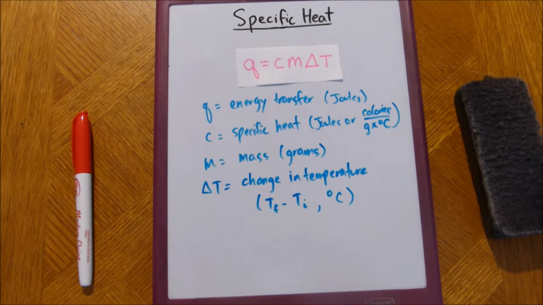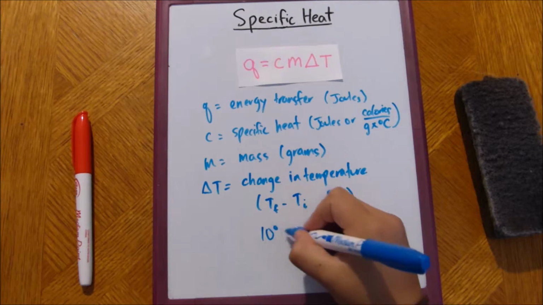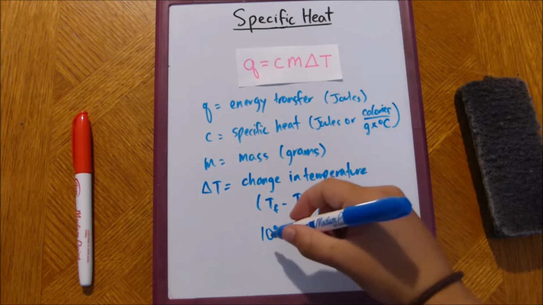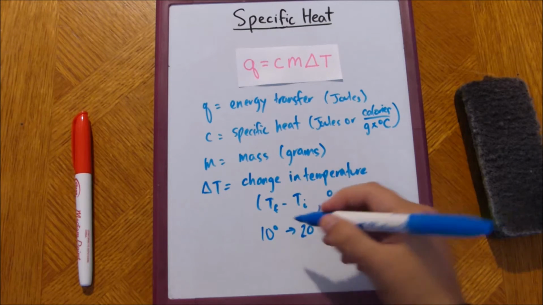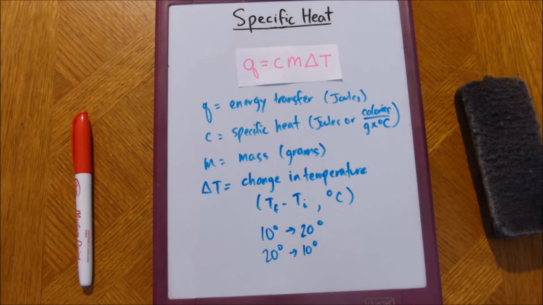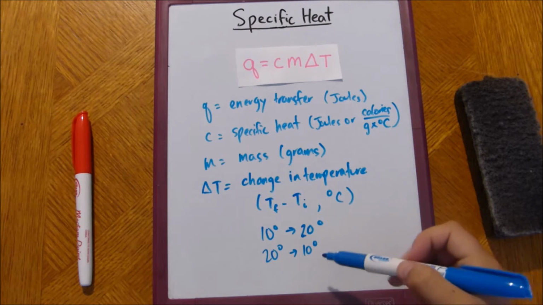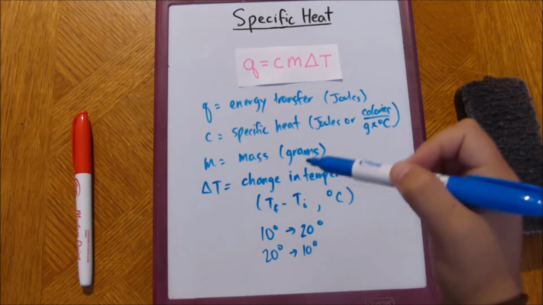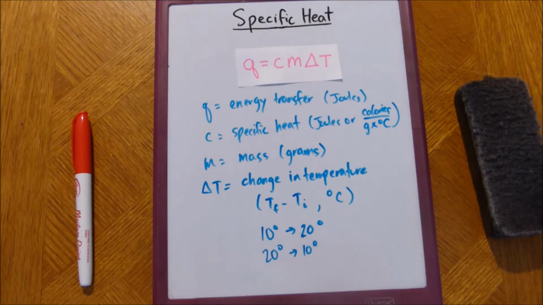Now, an important thing to note here is our change in temperature. Say if we have a problem where it changes from 10 degrees to 20 degrees, we would do 20 minus 10 degrees, right? But say it was the other way around, say it was 20 degrees to 10 degrees, right? This kind of tripped me up a little bit when I was learning it back in chemistry, but you always take the second number and subtract the first one. So it's not always going to be a higher number that you subtract.